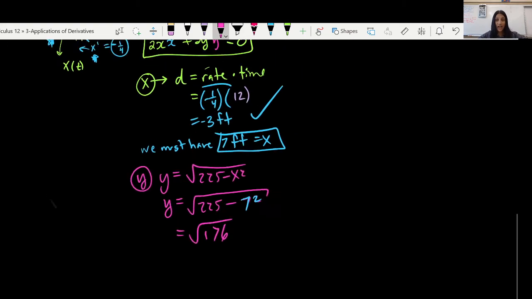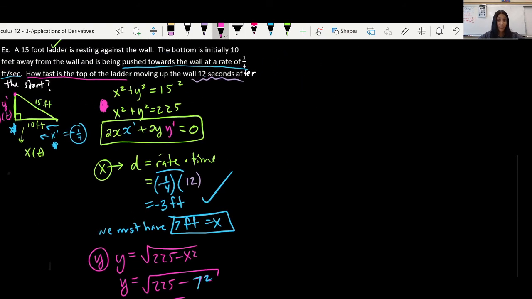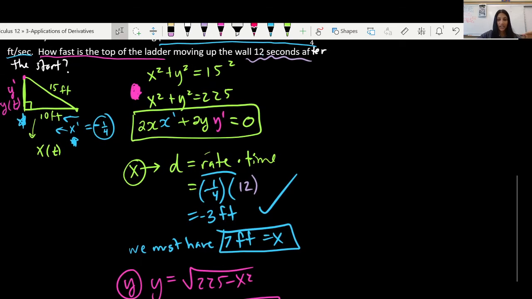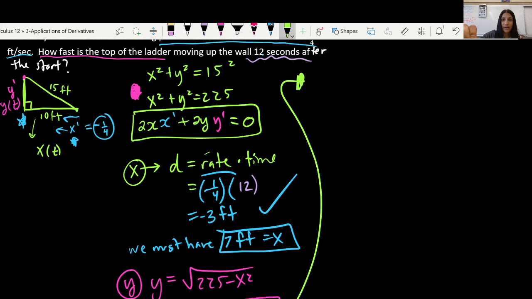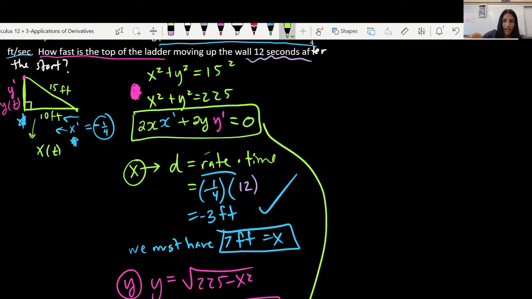So we now have all the stuff that we need. I'm going to try to bring this back so you can see it all, and I'll carry on maybe up here. And I realize you may not be able to see the bottom, but I will rewrite it and bring it back up in just a second. But in our equation, maybe I should say up here, we're going to take this equation that we had, and we're going to start to plug things in because we actually have all the information that we need, and we can use that to solve for y prime, which is what we're looking for.